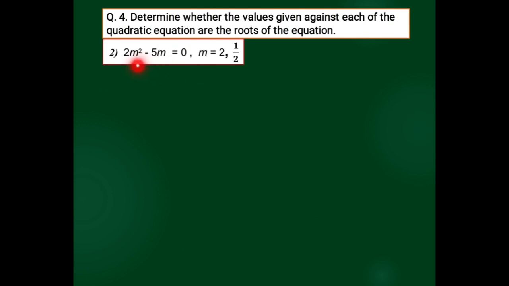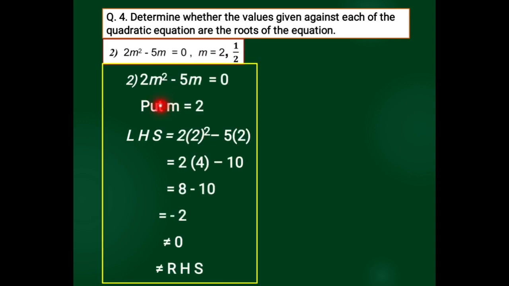Here the equation is 2m square minus 5m equals 0, and the values of m are m equals 2 and m equals 1 by 2. So we check for m equals 2. First put m equals 2. We consider LHS and substitute m as 2. So 2 into m square, the value of m is 2, so we write 2 square.